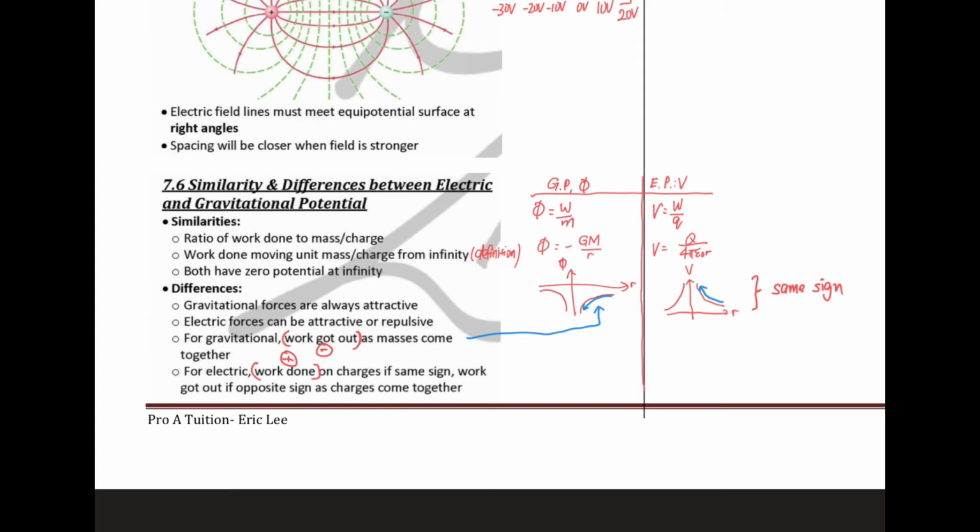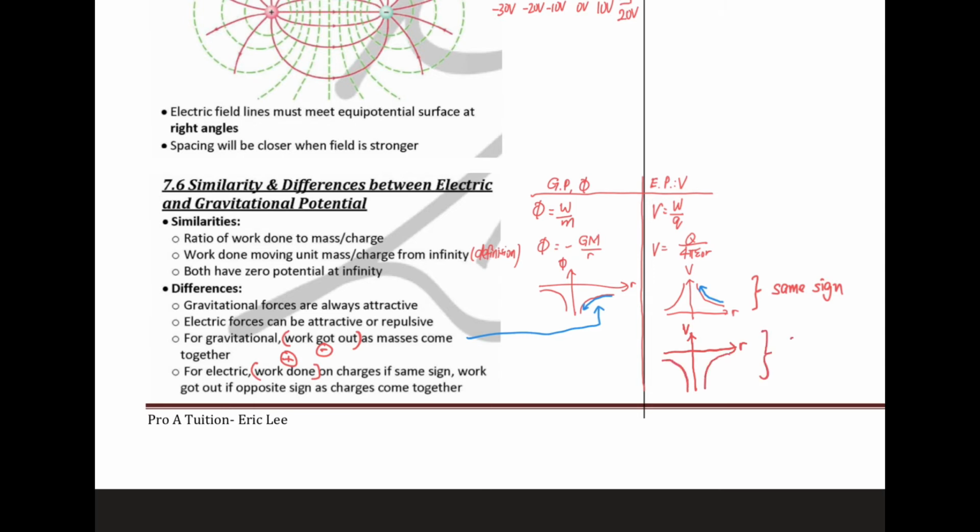Okay, now next point, work got out if opposite sign as charges come together. So we have to know that if the charges have opposite sign, meaning that they are attracting, their graph is in this way.